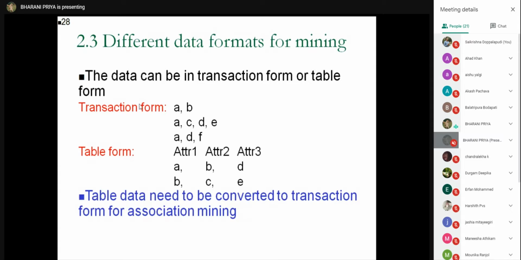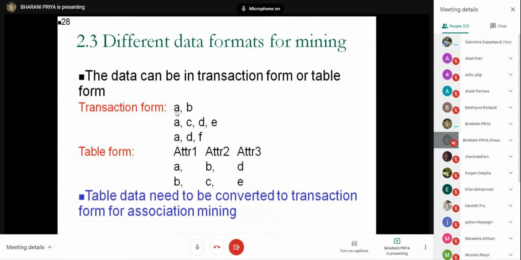Transaction 1, transaction 2, transaction 3 are nothing but the rows in the table. If A is present in transaction 1, give the value as 1, otherwise give the value as 0. So you are converting into a binary format. Is this clear?